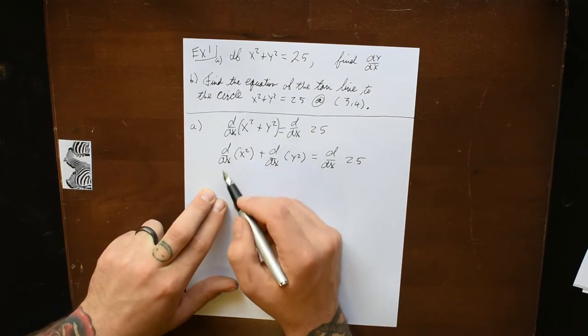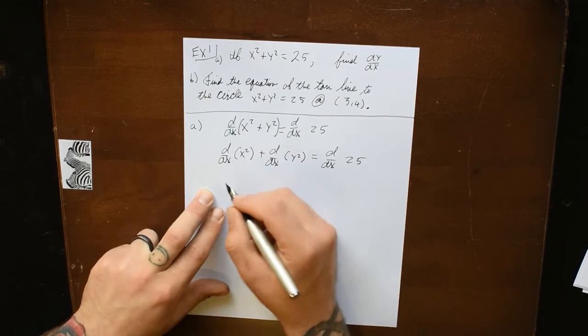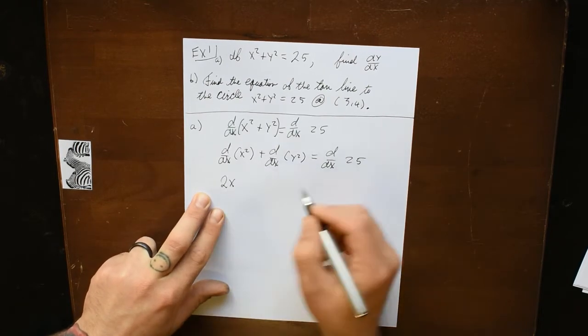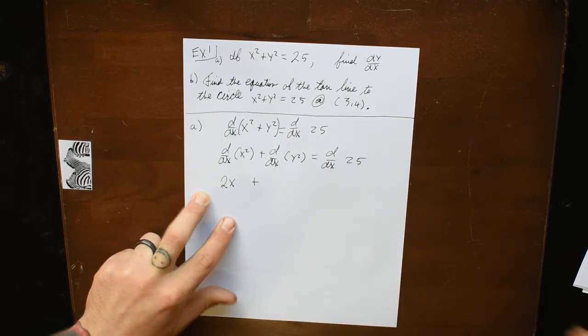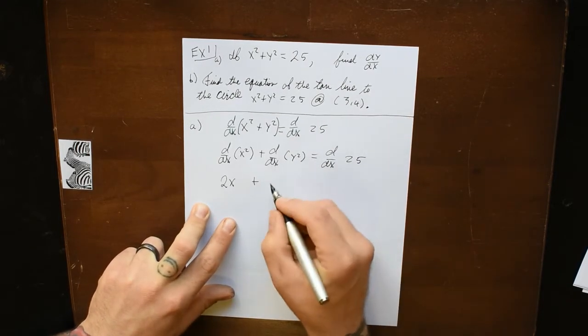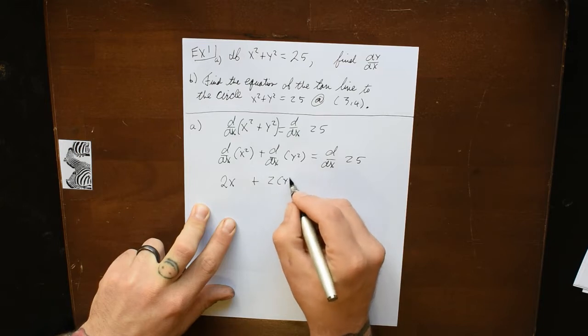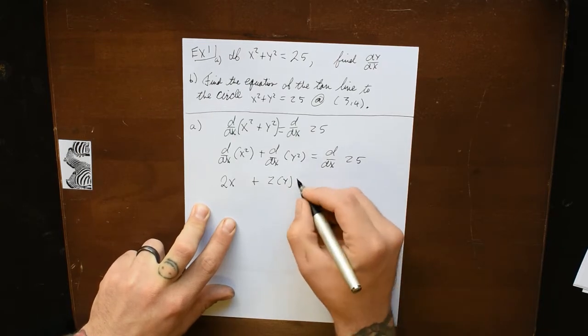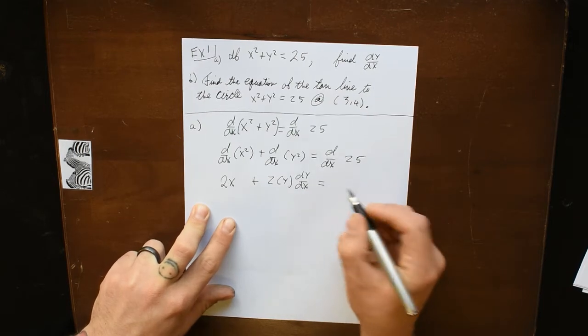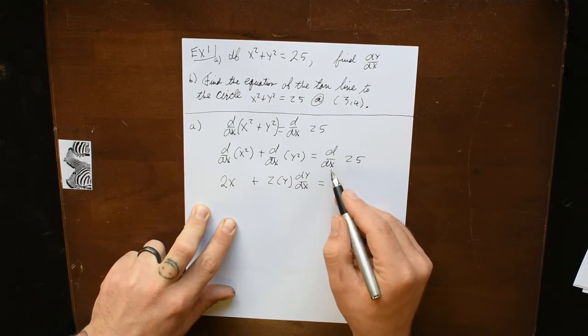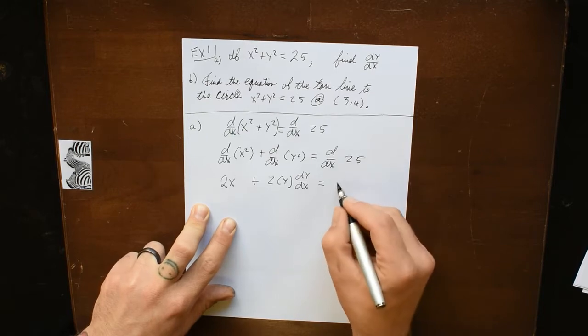Well, the derivative with regards to x of x squared, that's going to be 2x. Plus, this is going to be our chain rule. We get 2 times y times the derivative of the inside, dy dx. And that's equal to the derivative with regards to x of any constant, which is 0.